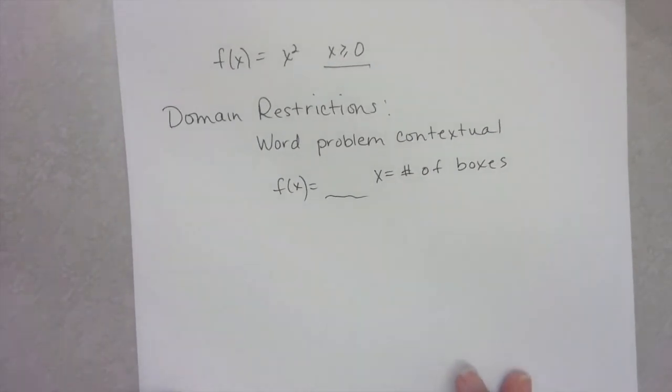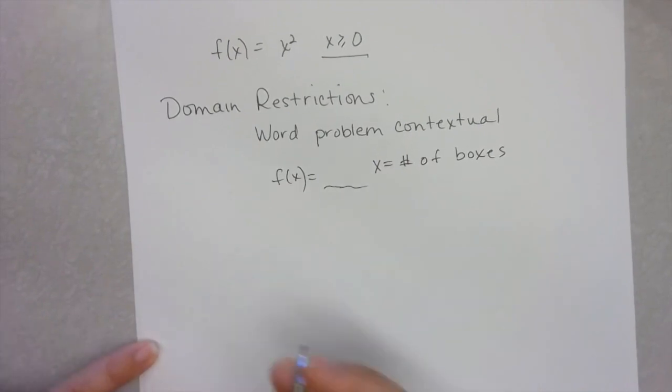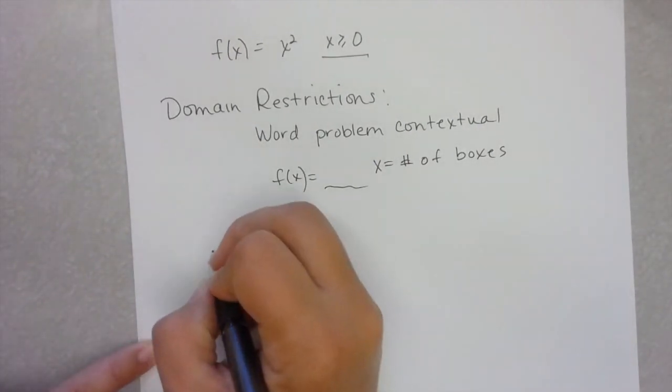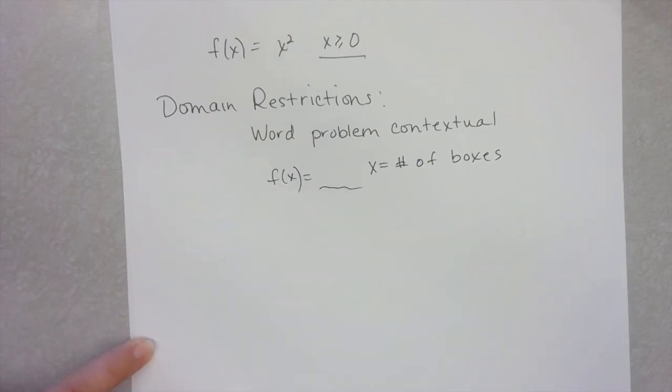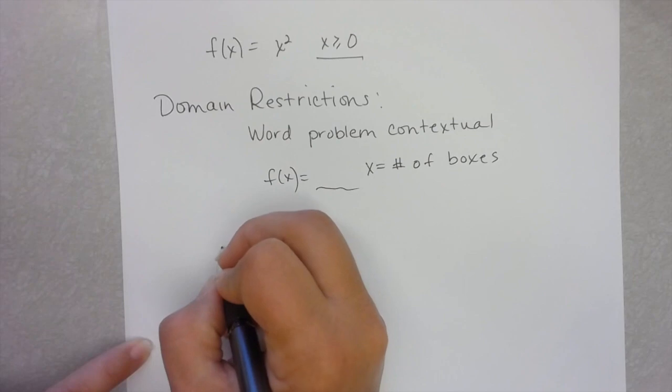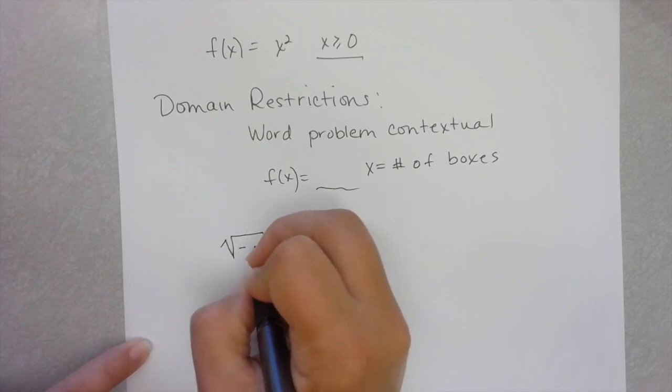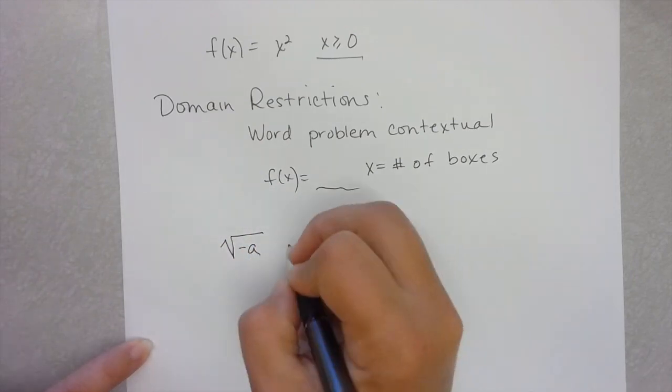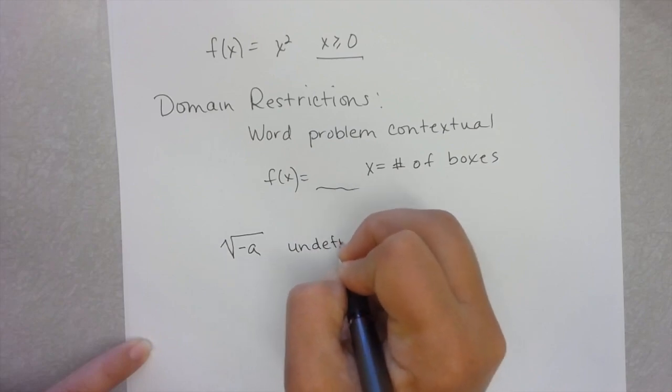Right, so the ones that we're going to run into more often are when we know that there are certain things we're not allowed to do in math, and we've discussed them before. One of them is to take the square root of a negative number. So this is an undefined situation.